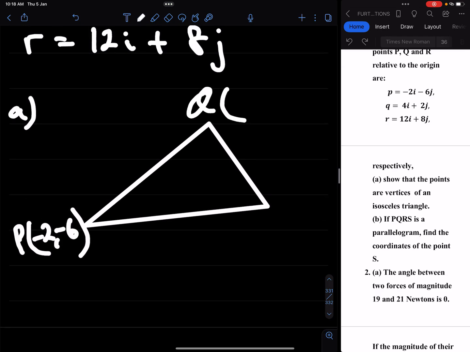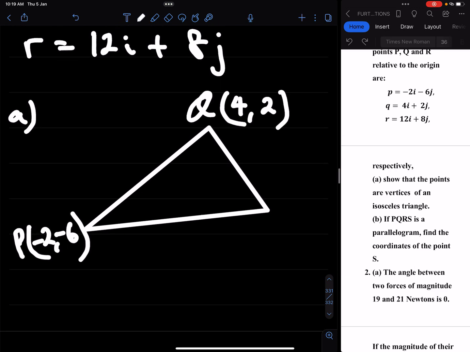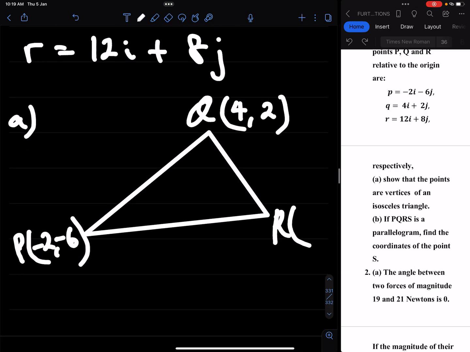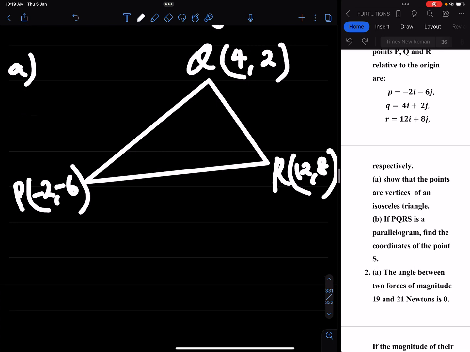This is point Q. The position vector of Q is 4i plus 2j, so the coordinates of Q are 4, 2. And this is point R. The position vector of R is 12i plus 8j, so the coordinates of R are 12, 8.